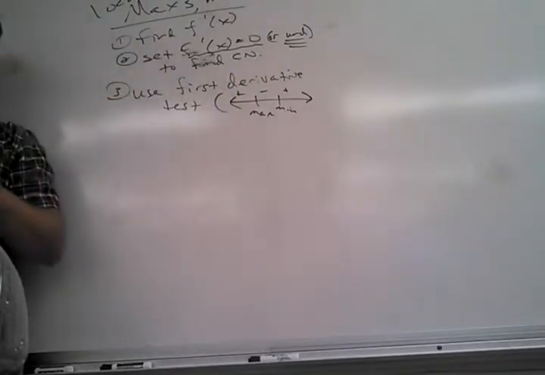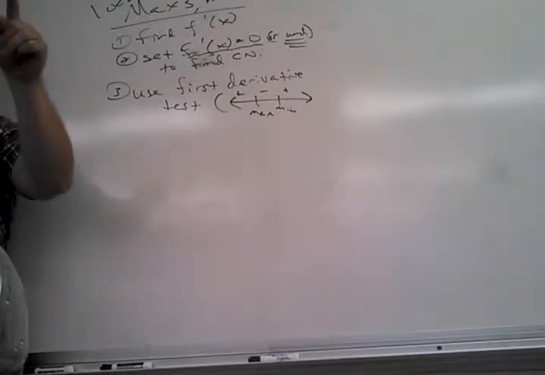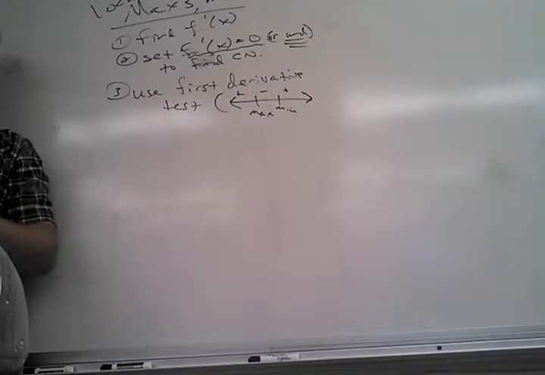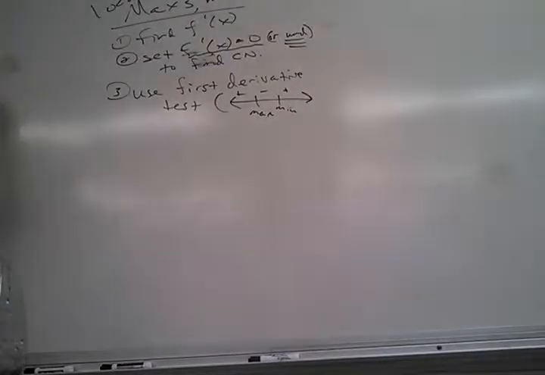If you have an endpoint that appears to be your highest point, but it's undefined, do you set that as your max, or do you go for the next highest point? If it goes to infinity, that officially cannot be a max. Even if it's just a little hole at an endpoint that's higher than everything else, no. The reason is, if you have a hole like this, then you have no max value, because the minute you think you have it, you don't.